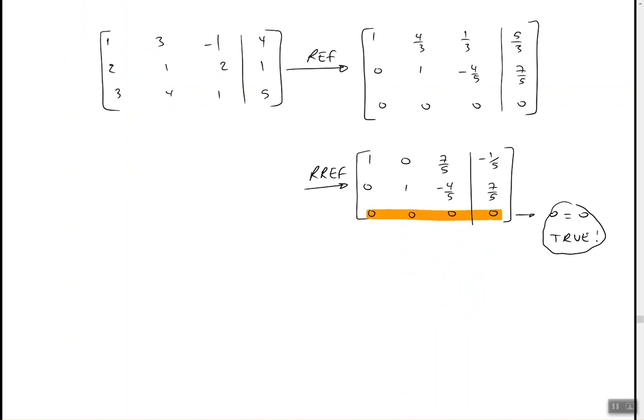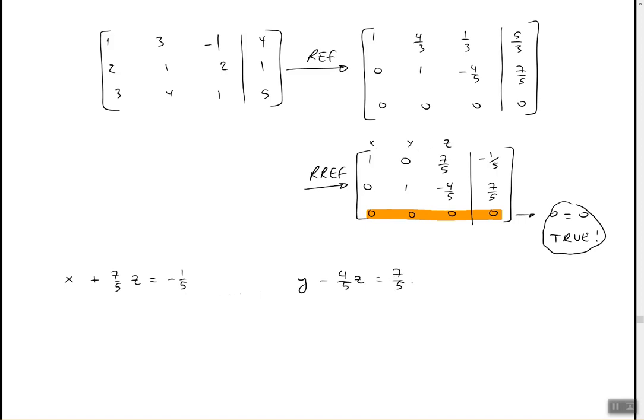Again, keep in mind that the x's are always first, then the y's, then the z's. So the first equation is basically telling me 1x plus 0y plus 7/5 of z is equal to negative 1/5. The second equation is telling me 0x, so no x, y minus 4/5 z is equal to 7/5.